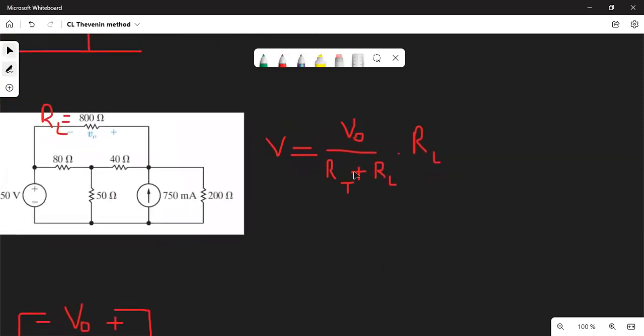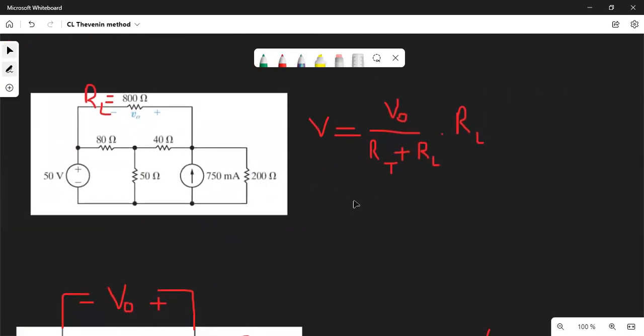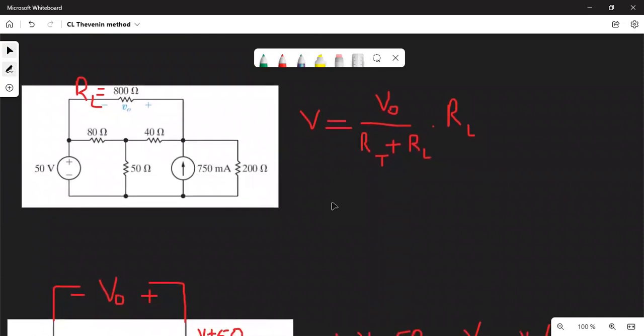So we have V0, we have RL, but we don't have RT. So what is RT? Using the technique that I told earlier, you should assume this part doesn't exist and this is just a straight wire.